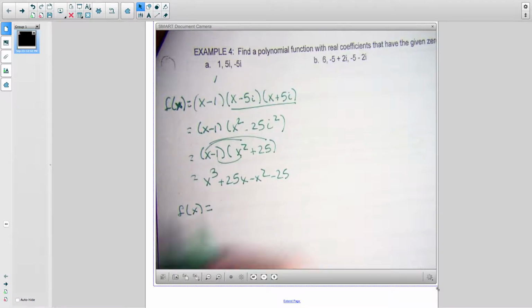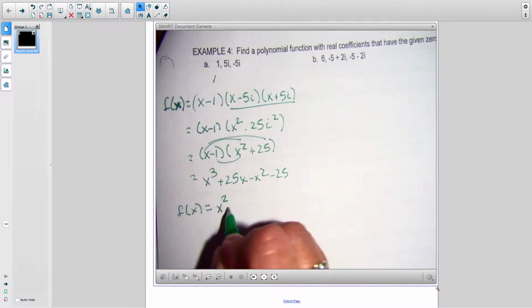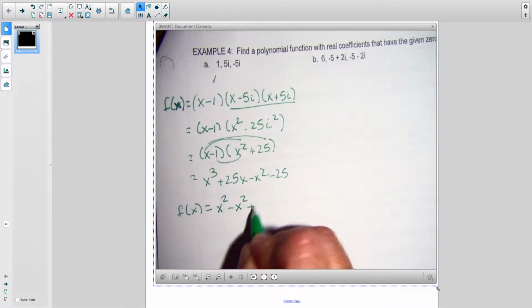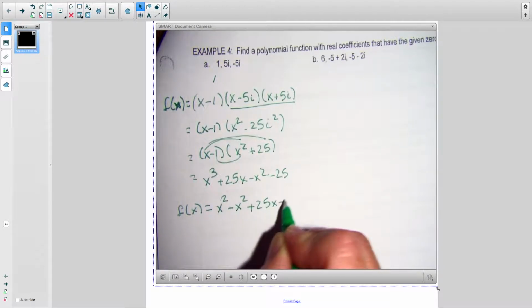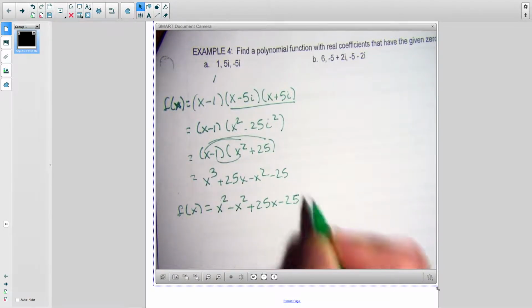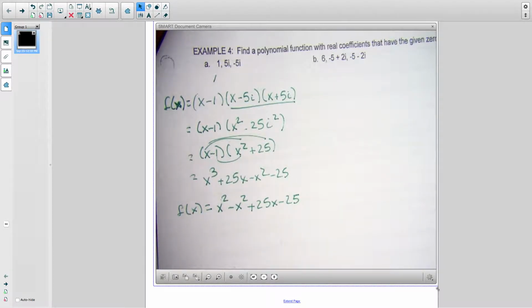Please write in standard form, highest exponent all the way down. It's x cubed, right? Yes, thank you.